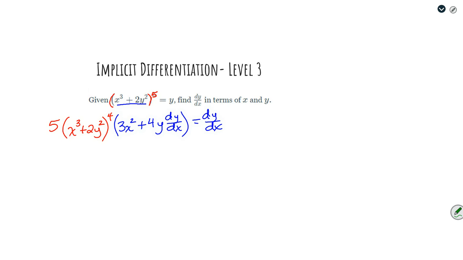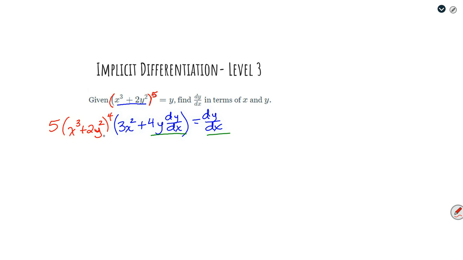Okay, so now I'm looking and I see that I have a dy dx here, dy dx there. So now I need to look at how do I get the dy dx's on the same side.